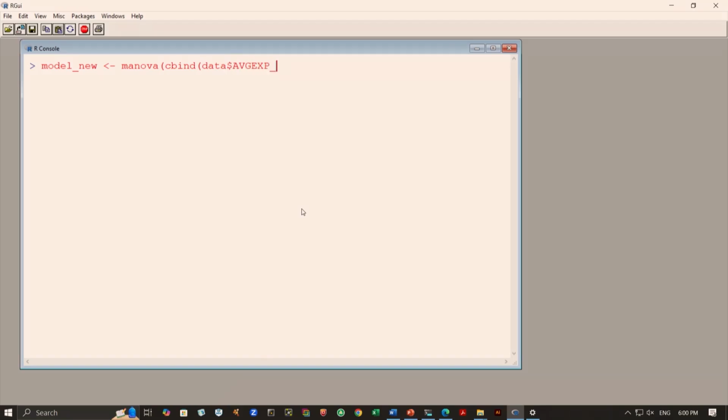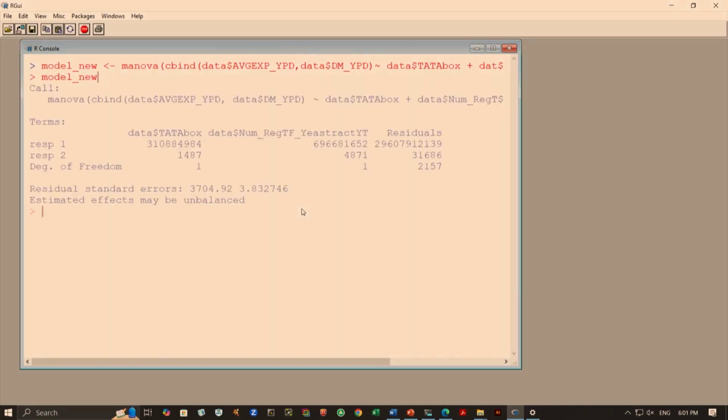The average expression and the heterogeneity. And then we can use the same set of independent variables that we have used. Okay. So, let us now see what are the results.